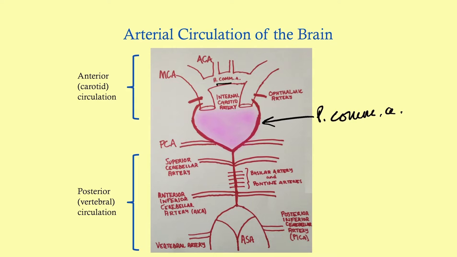And then we have a similarly named anterior communicating artery. They will join the middle cerebral arteries to one another. They'll also give off anterior cerebral arteries. So this kind of circle that's made here with the posterior communicating arteries, it's called the circle of Willis.